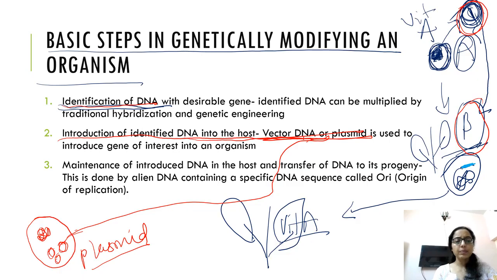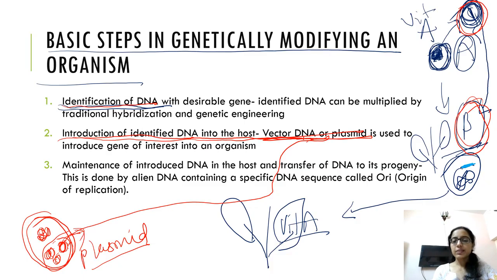If they are removed from the organisms, that doesn't affect cell growth. But the presence of plasmids gives some added advantage. So some organisms have extra DNA, and by using this plasmid or vector, the identified DNA is introduced into the host plant.